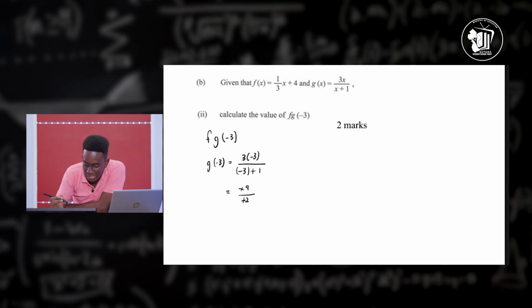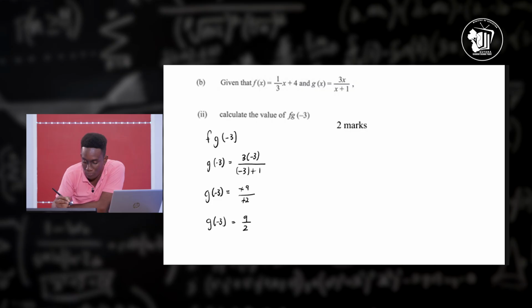The two negatives cancel out and we're left with 9 over 2. We can have it as 9 over 2 or 4.5, but since we are dealing with a fraction, we can leave it as 9 over 2. So g of negative 3 is equal to 9 over 2.